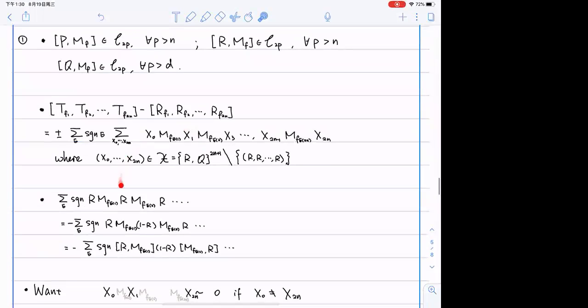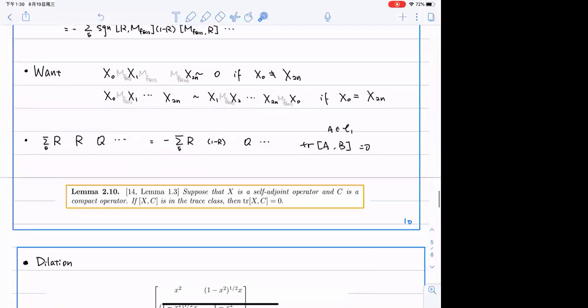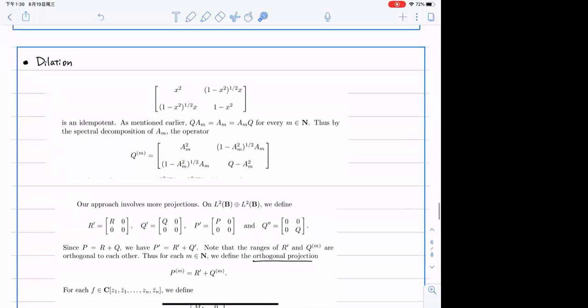So when you do this argument, you will encounter this property here. You are essentially using the property that you are looking at a projection. So that's another abstraction we need to tackle. So what we do is just do dilation.